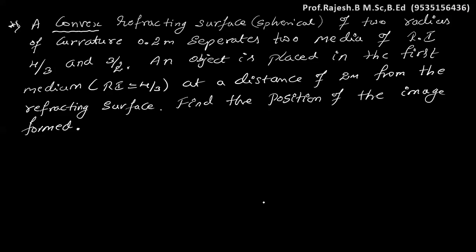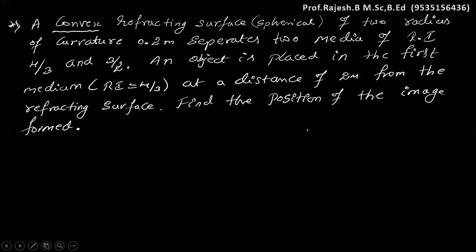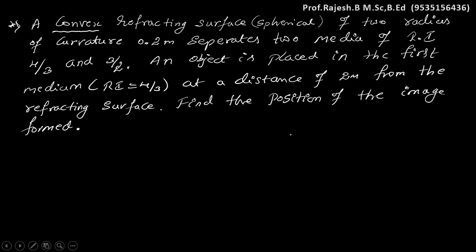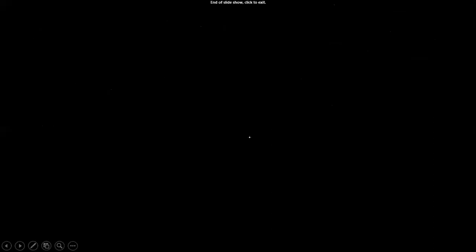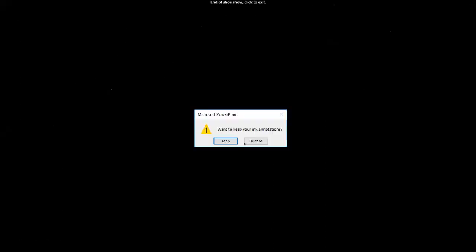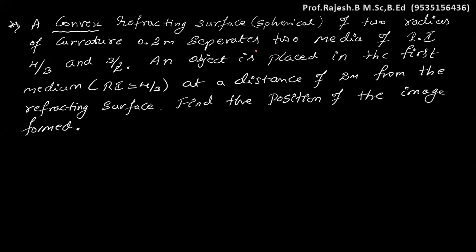Let's convert this into a picture, the given convex refracting surface. So this is the convex refracting surface.